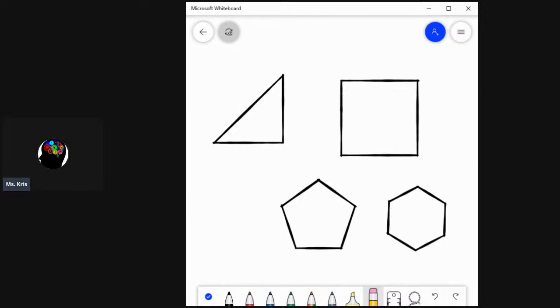Hexagon. Hexagon, of course, means it has 6 sides and 6 angles. So 1, 2, 3, 4, 5, 6.